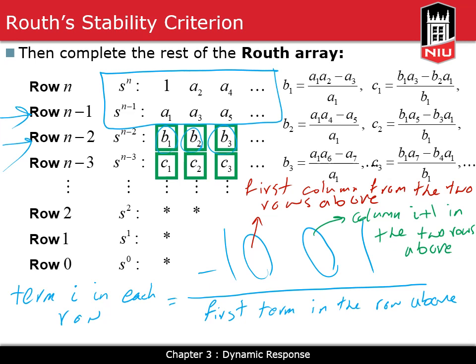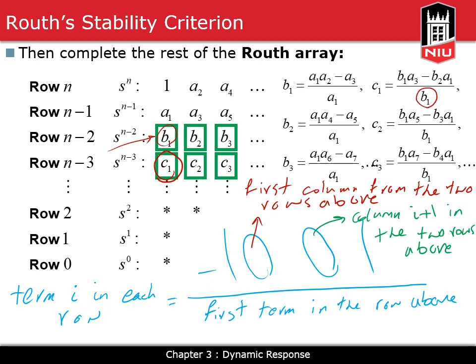Let's check that with, for example, C1. If I want to find C1 using this general formula, C1 is term 1 in that row. We already know the denominator will be the first term in the row above, which is B1. So that checks.